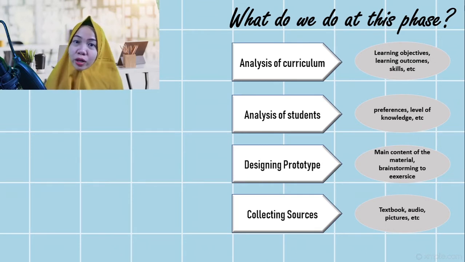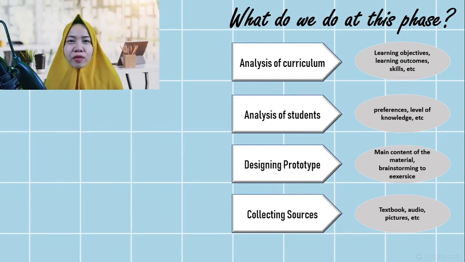So what we are going to do in this phase, the first thing that you have to do is the analysis of curriculums. The very first thing you need to do is seek the current curriculums that you are going to use as the parameters of your learning materials. The representative of the curriculums is mostly the syllabus.